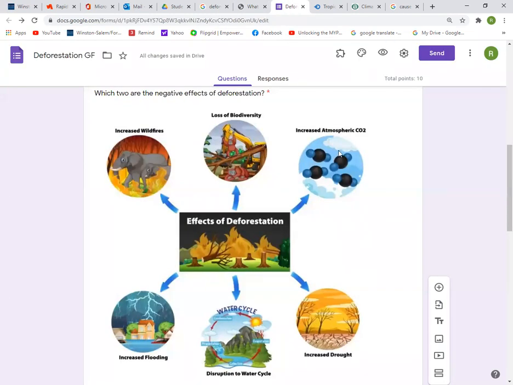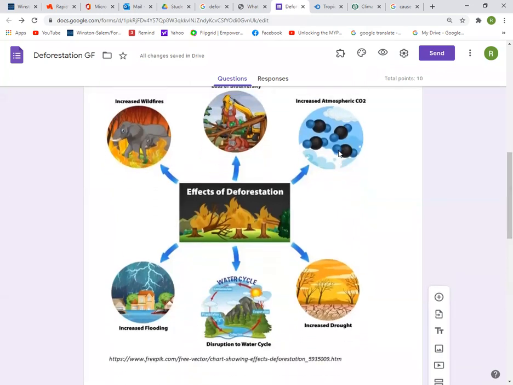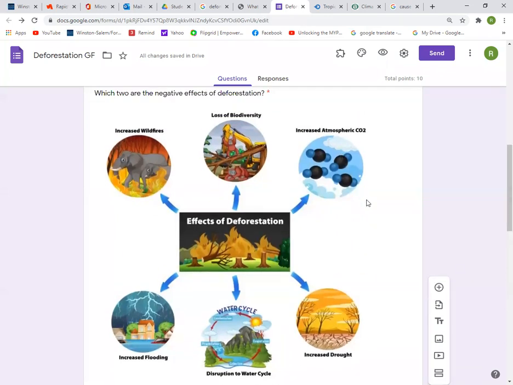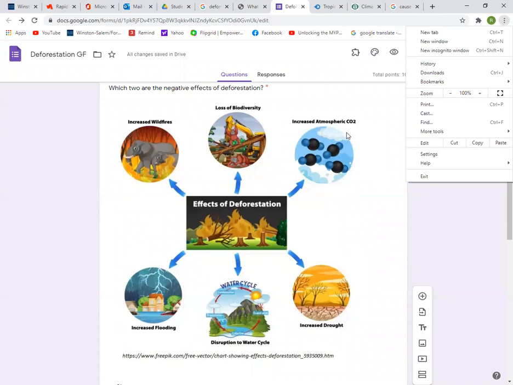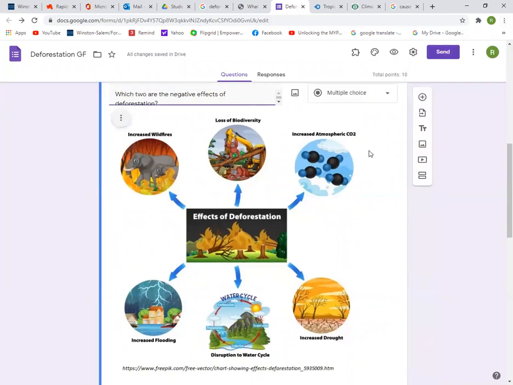Now, what are the negative effects of deforestation? Increased wildfires, loss of biodiversity, increased atmospheric carbon dioxide, which leads to global warming.